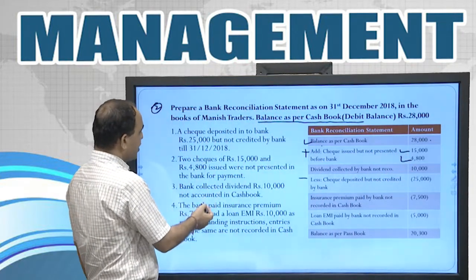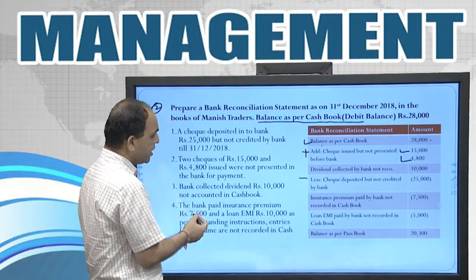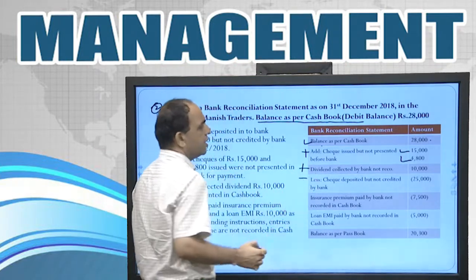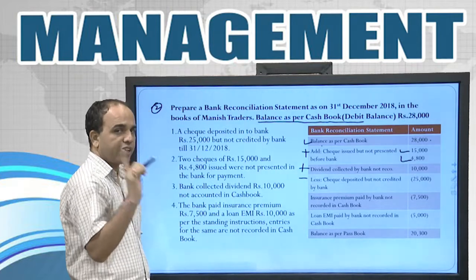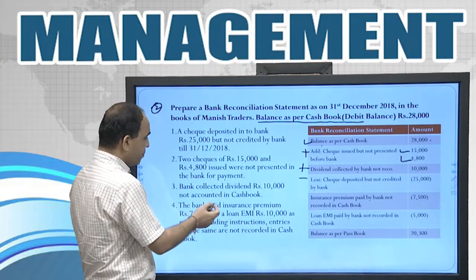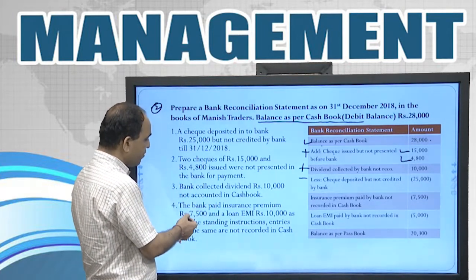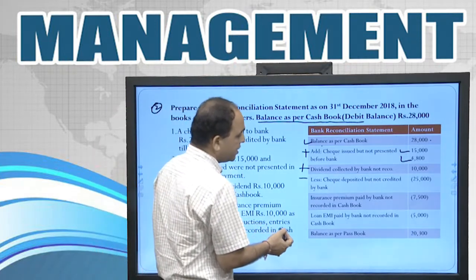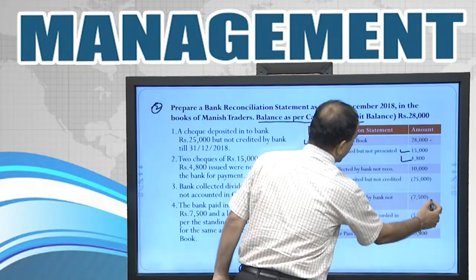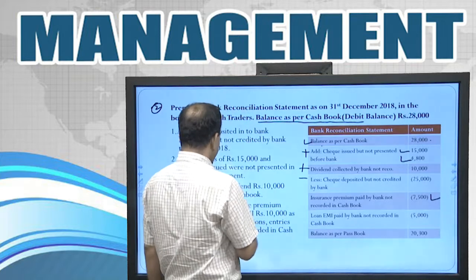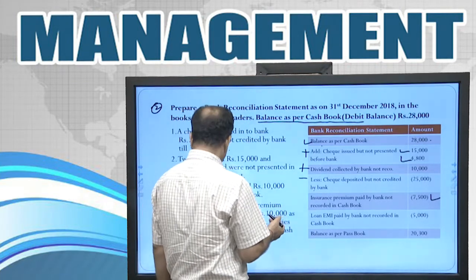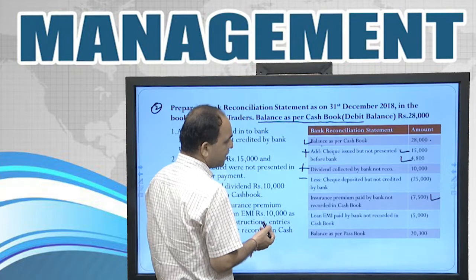Bank collected dividend rupees 10,000 not accounted in cash book. If they have collected, the bank balance would increase because it is as per cash book, friends. The bank paid insurance premium rupees 7,500 and loan EMI rupees 10,000. This is a standing instruction, so it will be deducted: insurance premium 7,500 is deducted, EMI 10,000 for the standing instruction, right.